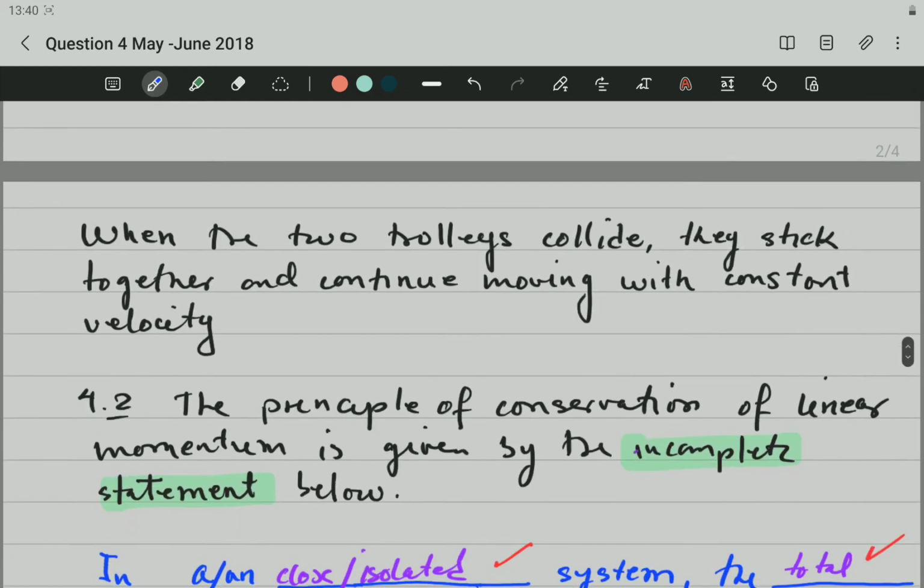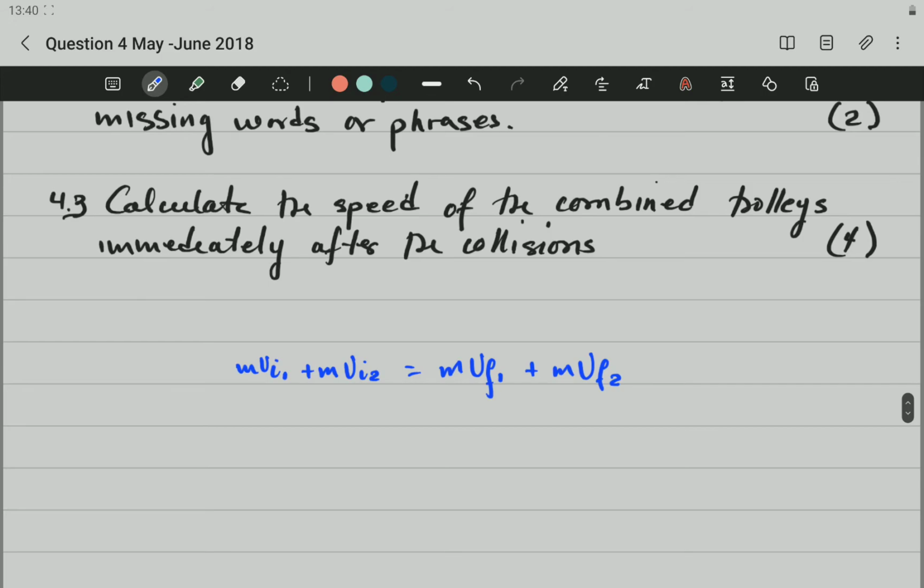So if we do the substitution, the mass of the first trolley is 1,5. The initial speed is what we calculated in the previous question, 6,26, plus the mass of the second trolley, which is 2, and the initial velocity of the trolley is 0. The trolley is at rest.